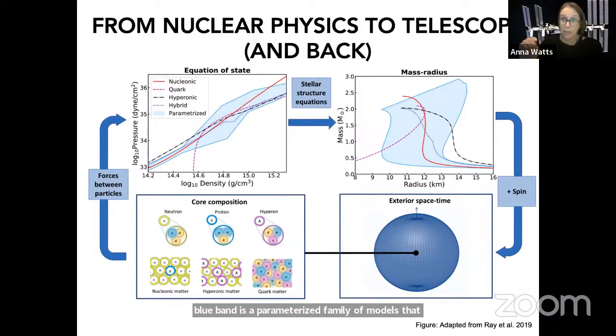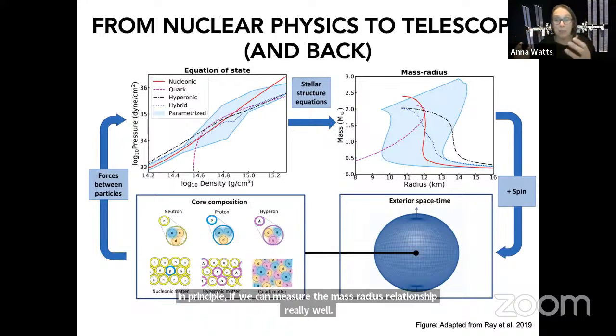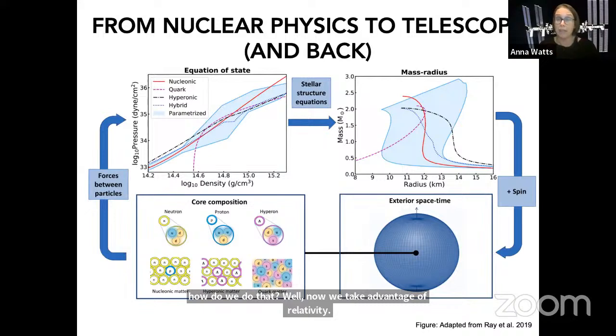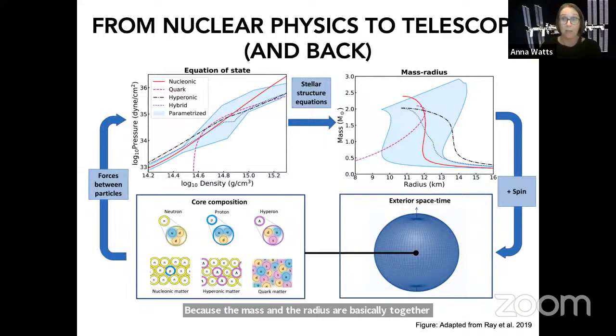So in principle, if we can measure the mass-radius relationship really well, we can get to the equation of state. So how do we do that? Well, now we take advantage of relativity, because the mass and the radius, together with the spin of the star, which can be extremely fast, those together set the space-time of the neutron star. And again, it's a relativistic space-time.